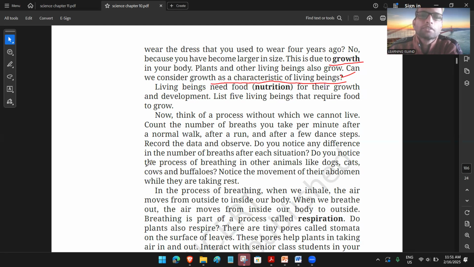Mark the process of breathing in other animals like dogs, cats, cows and buffaloes. Breathing means movement is happening, and it helps them to digest. We inhale oxygen, and there is also movement of the abdomen.